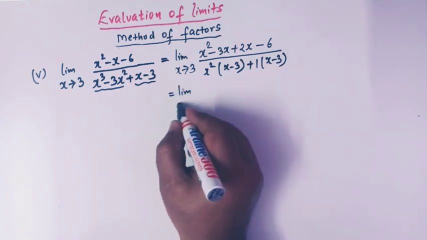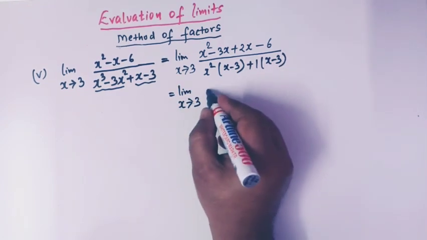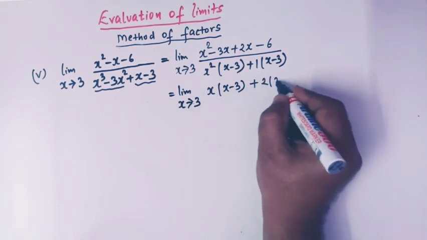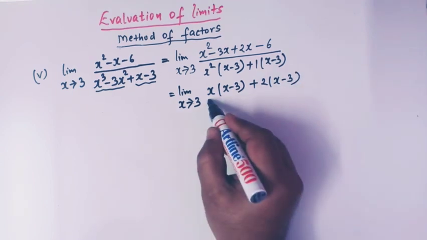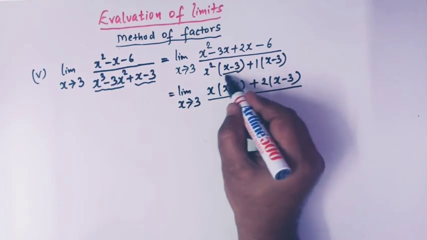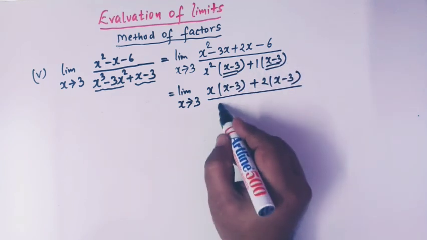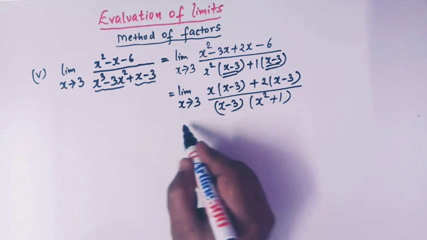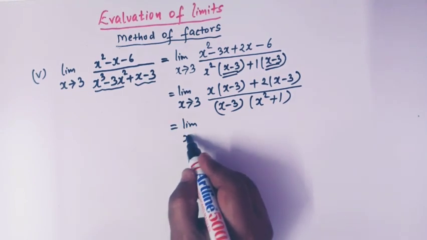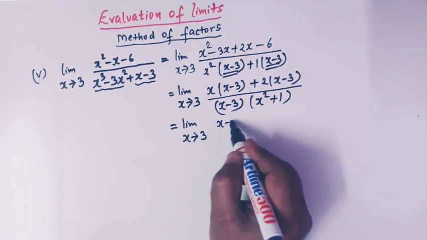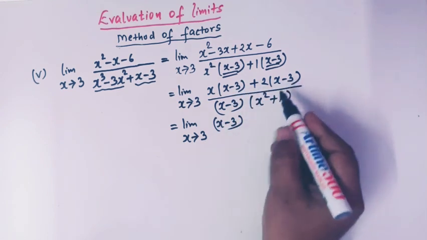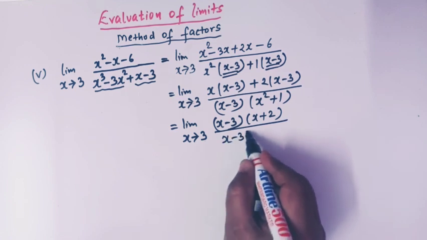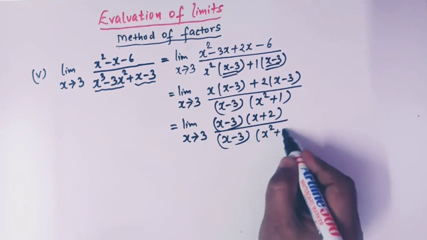Now this can be simplified as limit x tends to 3 of x (x minus 3) plus 2 (x minus 3) divided by, taking x minus 3 as common, (x minus 3)(x square plus 1), right? So now we can write limit x tends to 3, x minus 3 we can take common, so we have x plus 2 here divided by (x minus 3)(x square plus 1).